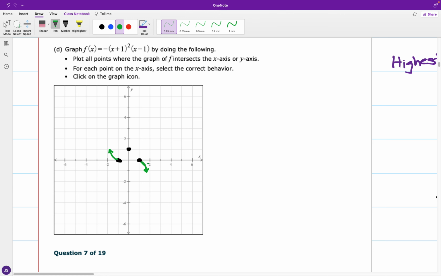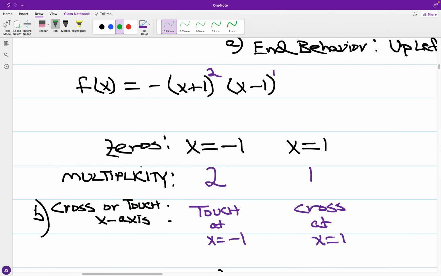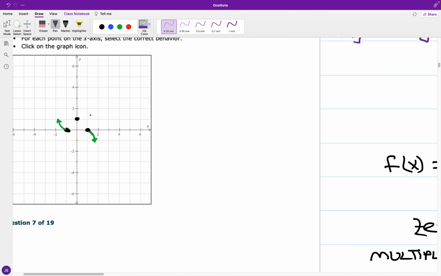And for the in-between activity, we said that the graph is going to touch at x equals negative 1 and cross at x is equal to 1. So you've got touch and cross. If I fill in the gaps, reading the graph from left to right, you have touch at x equal to negative 1, so it's going to rise above and go through the y-intercept.